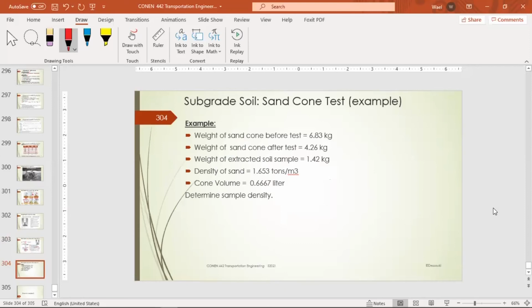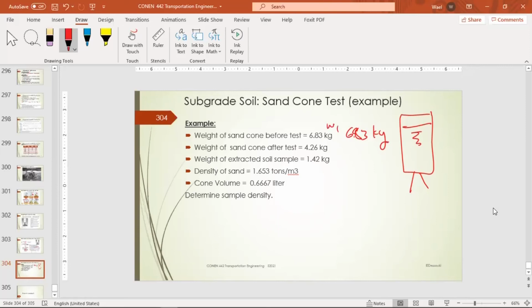That's an example here. We have the weight of the sand cone before the test. This is the weight of the sand cone before the test: 6.83 kilograms. That's W1.